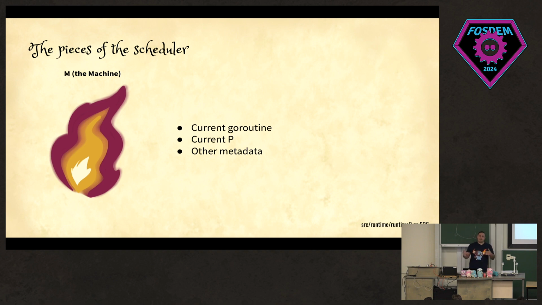It normally has associated the current goroutine that is running in this M, in this machine, and the current processor that is associated with this M. That can be null, actually. There are some cases where the M is not associated with a processor. But in general, they are associated, plus other metadata.